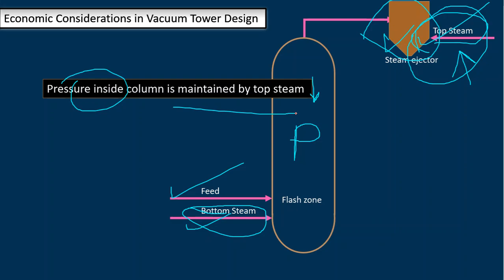That is the important thing. So there is a relation between the top steam and the pressure. If the steam amount is more, what happens? It means that the pressure will be very low in the column. So this is the relation between the column pressure or system pressure and the top steam.